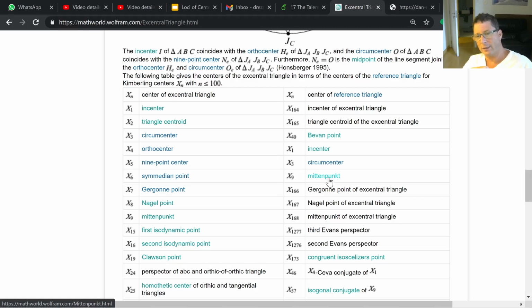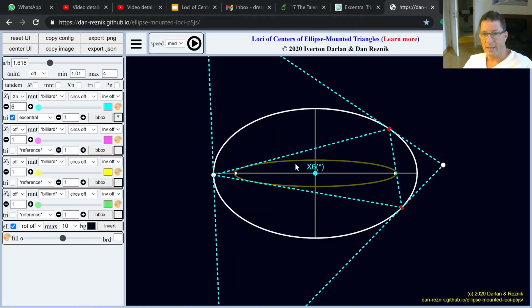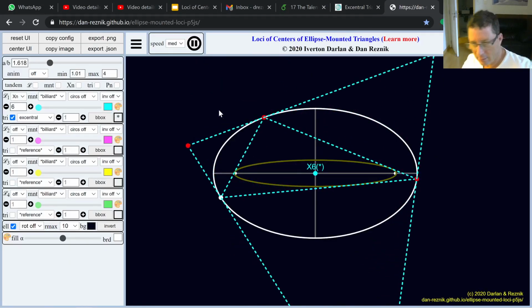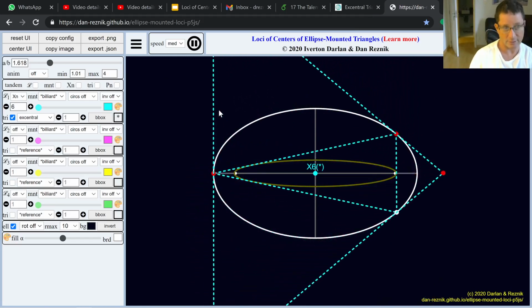Now, we saw that in the elliptic billiard family, the meeting point of my three periodics was stationary at the billiard center. Since these two points are congruent, go back to the simulation, and you get that the symmedian point of the excentral triangle is stationary at the billiard center.